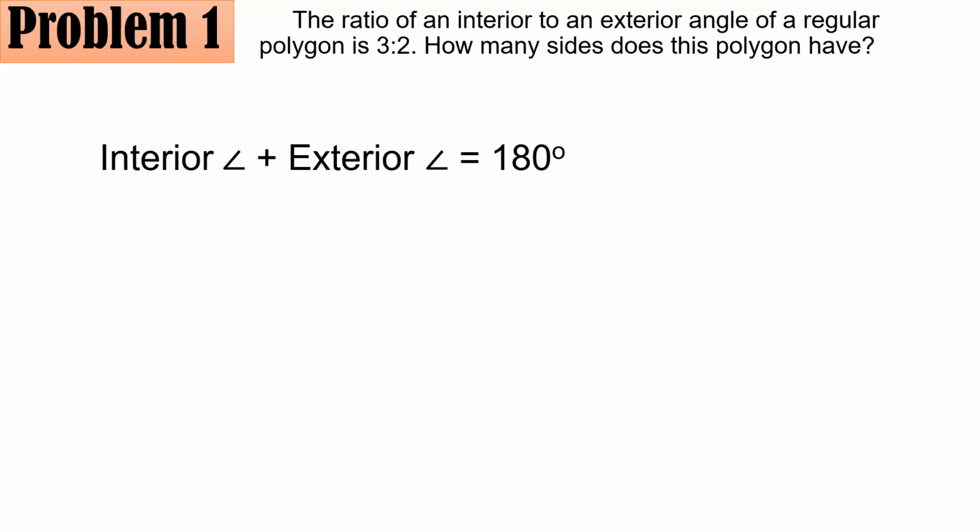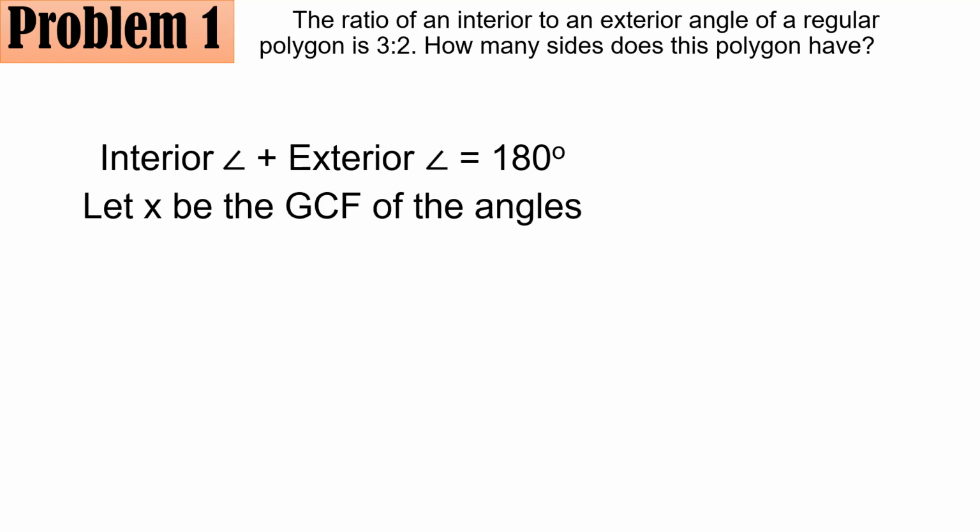And it is also, in fact, a theorem that if you add one interior angle and one exterior angle, it will always be 180 degrees. In other words, they should be supplementary po.